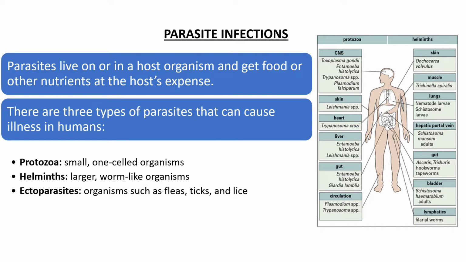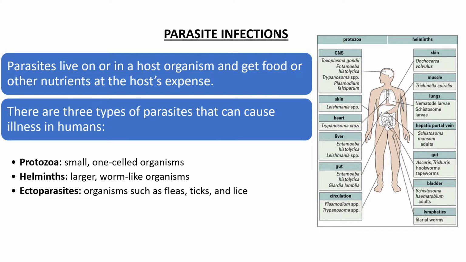And finally, we have the ectoparasites, that are organisms like fleas, ticks, and lice. So, these parasites can actually play a great role in causing infections to human beings. Protozoans are the most primitive organisms.